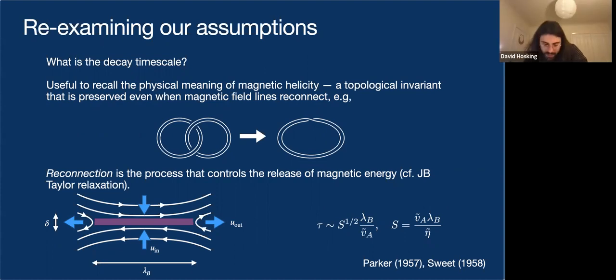Yeah, okay, yes, you will. I take your point. At any finite resistivity, you'll have small but finite dissipation of the magnetic helicity. But the question is, what does small mean?